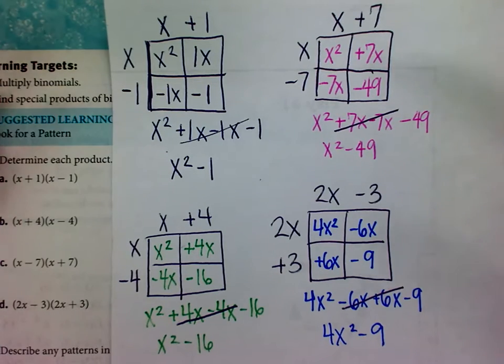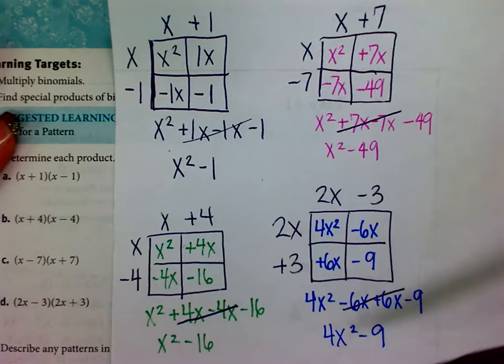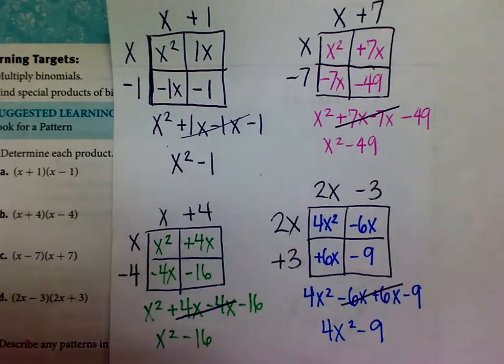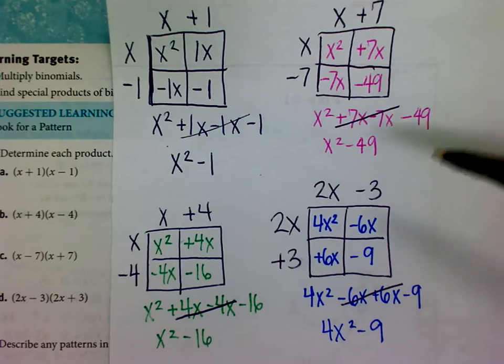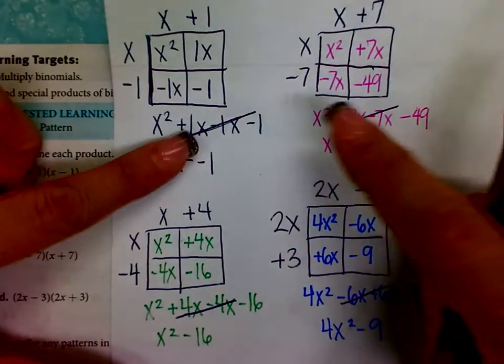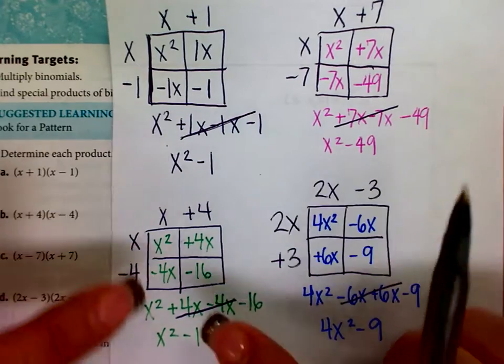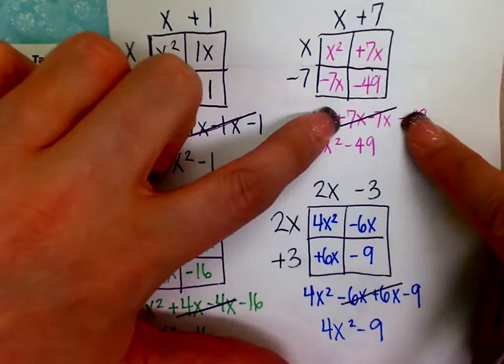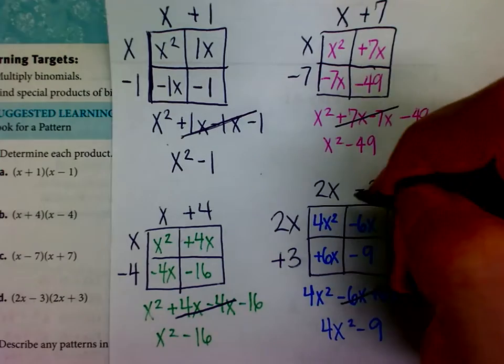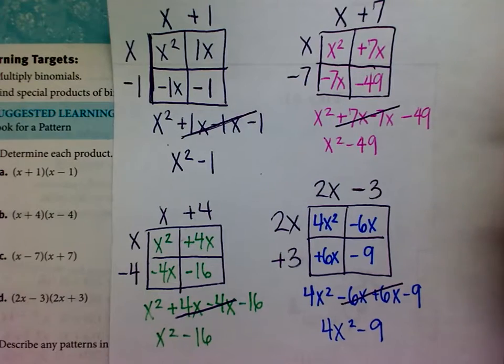All right, so if you've finished these 4 questions, you'll notice that as you're simplifying, something is happening every time. I'm able to cross out the 2 center terms in each example. And why is that? Well, we have what we call special products.